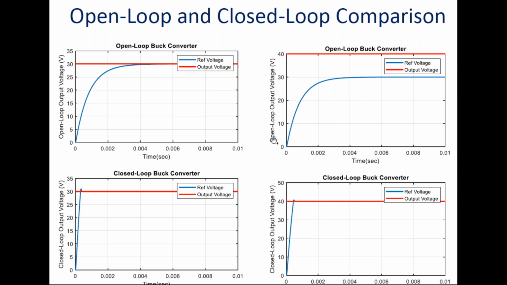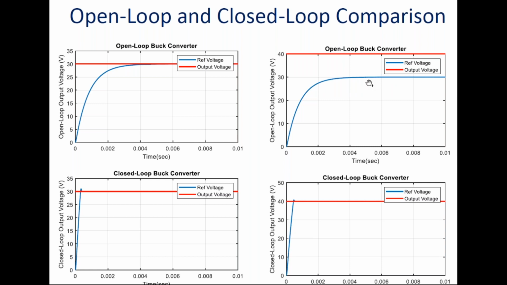And here my requirement is that after some time, I don't want the 30 volts anymore. My application demands 40 volts. But the poor open loop buck converter we have designed cannot do anything because everything has already been fixed. Although my demand is 40, it is giving the same response because nothing can be changed.